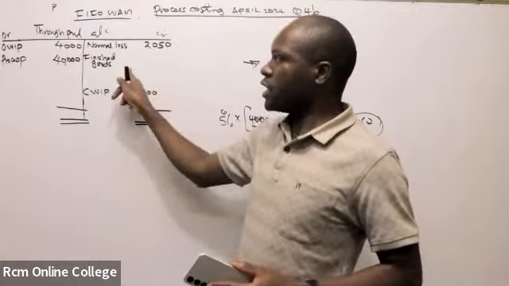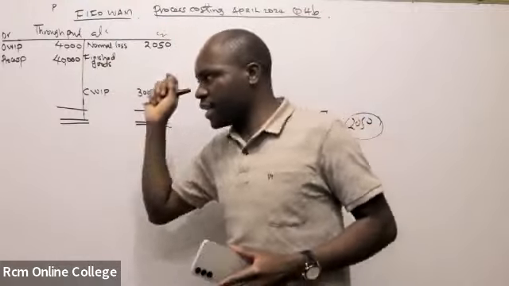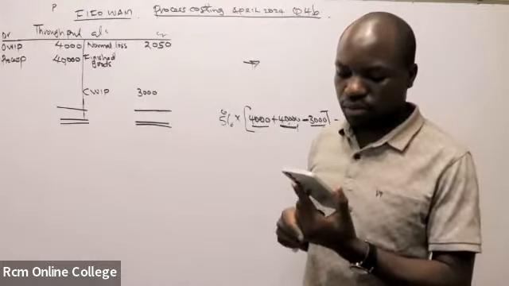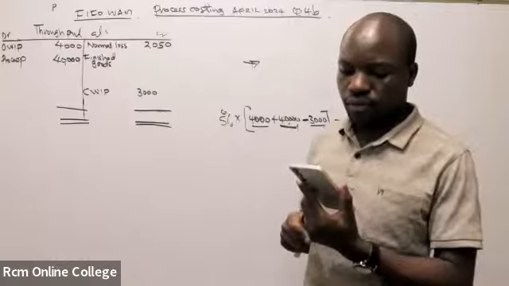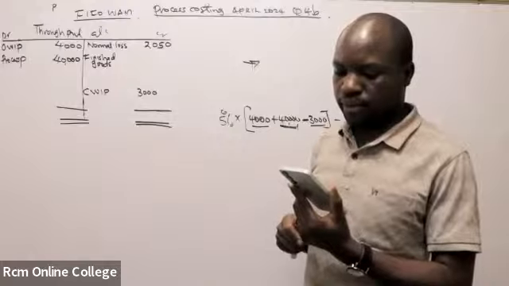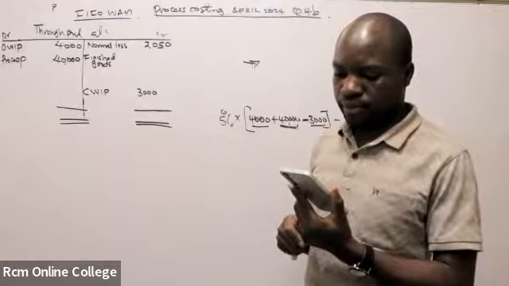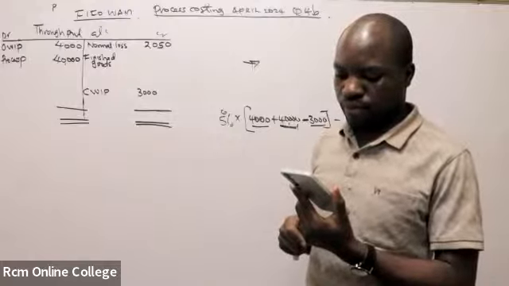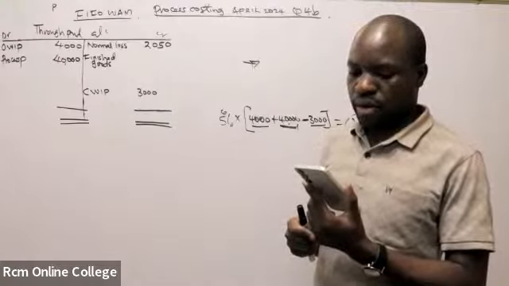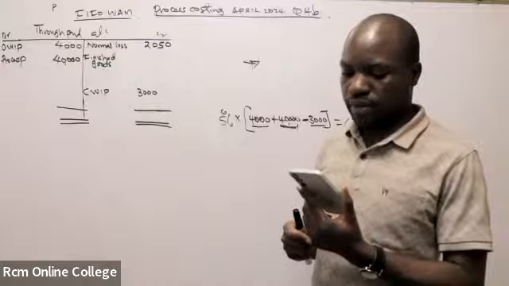How many units were transferred to the inventory account, the finished goods account?